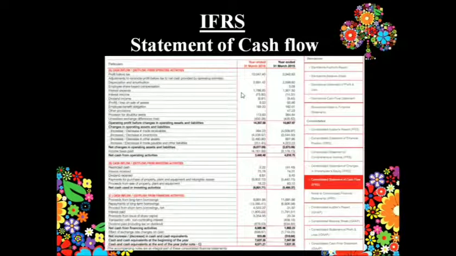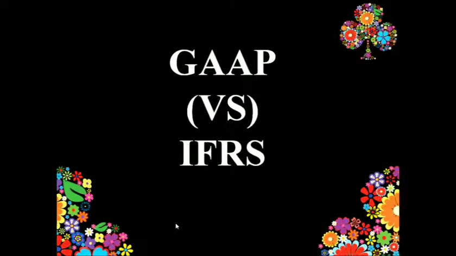As I already told you, the cash flow statement has three parts. The first one is the operating activity, the second one is the investing activity, and the third one is the financing activity. So what's the basic difference between GAAP and IFRS? I just showed you an example of how it's reported.